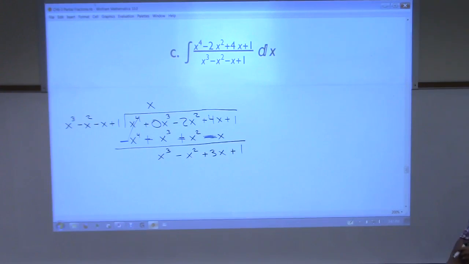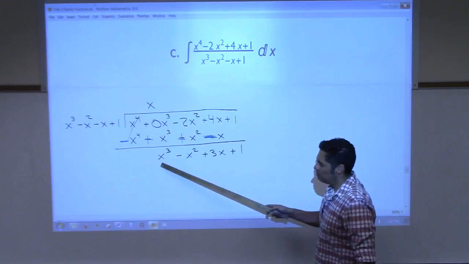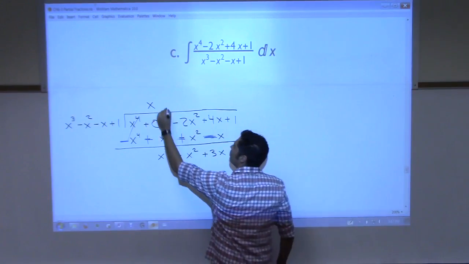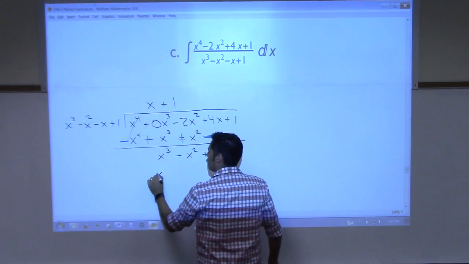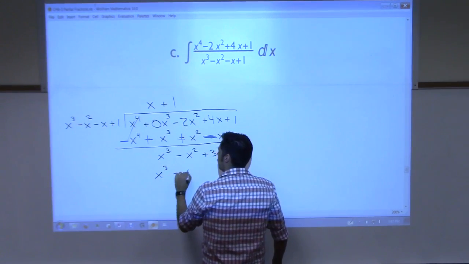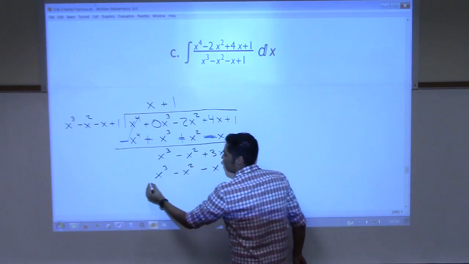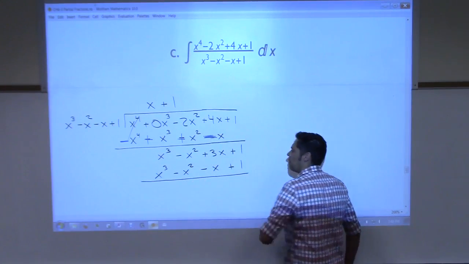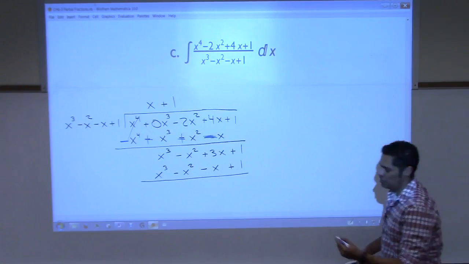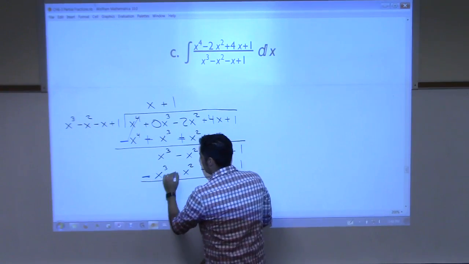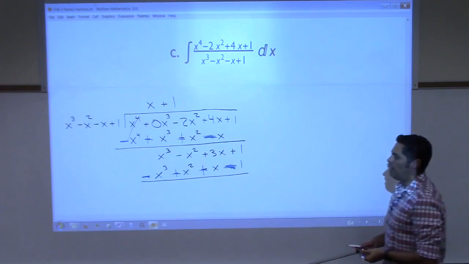And then we play again. What do you multiply x cubed by to get x cubed? 1. So plus 1. And then change the signs, and add down.